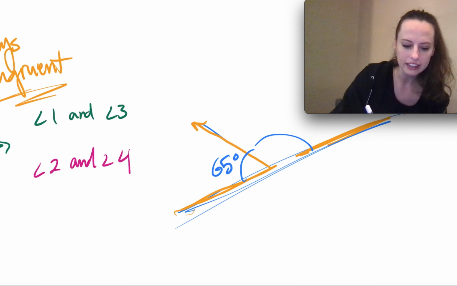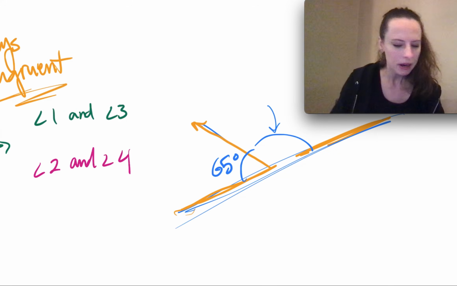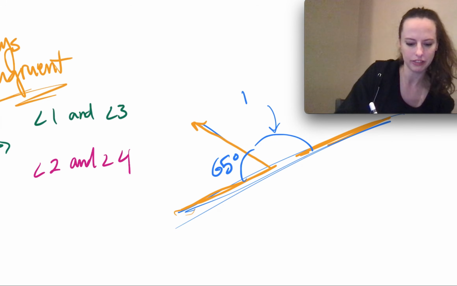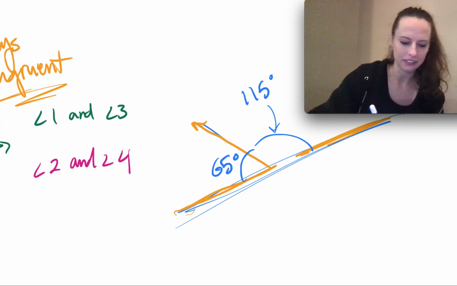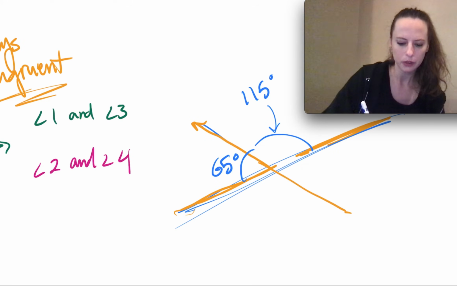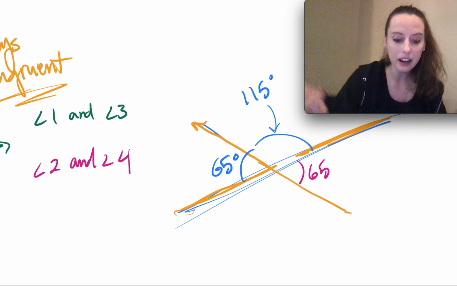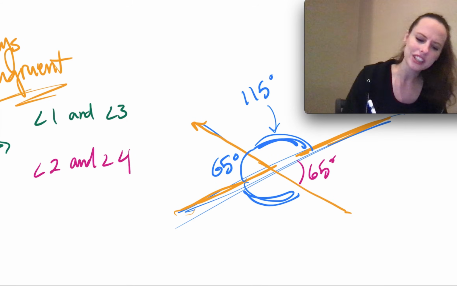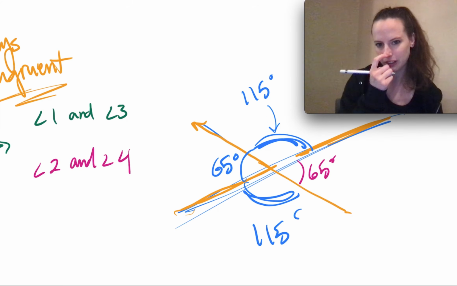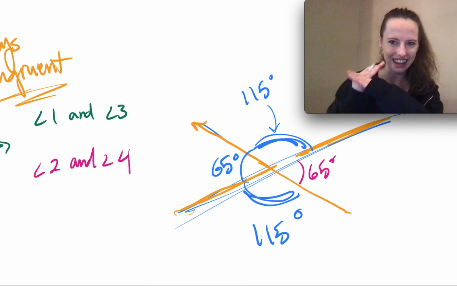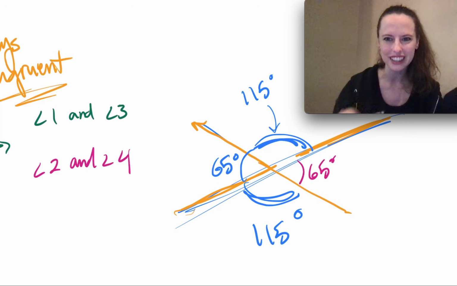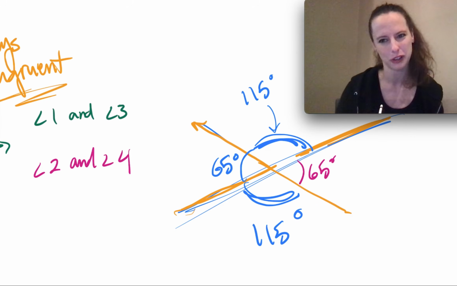So we can find this larger obtuse angle by just subtracting from 180. So this one would have to equal 115 degrees. And then if we bring the rest of that diagram back in, we knew that this one was 65, and now this 115 is vertical with this angle, so that one is also 115. So if you have that X shape and you know one of the angles, you can use these angle relationships to find the other 3.